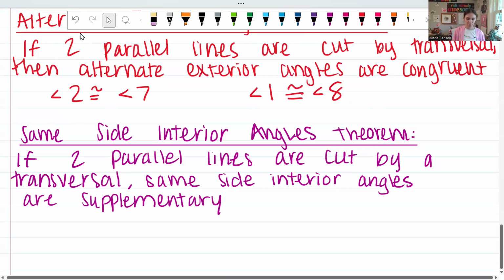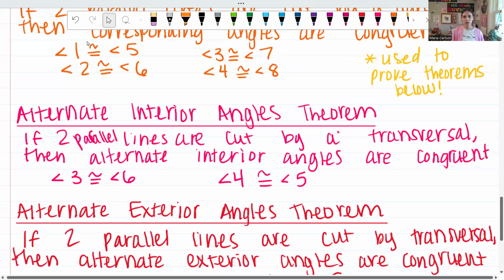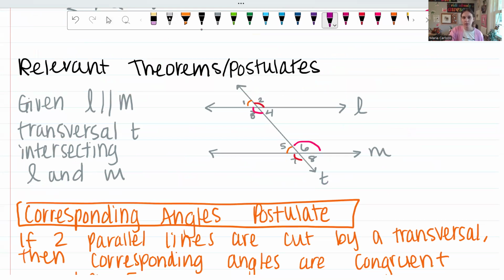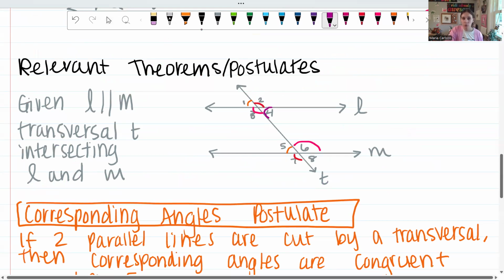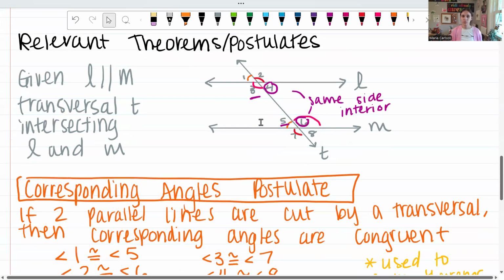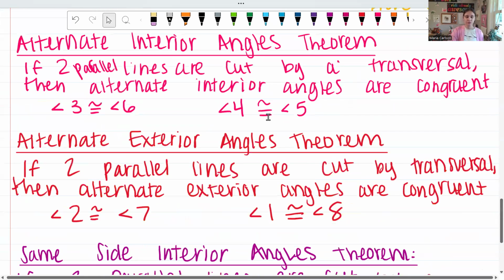So here we are looking at those same side interior angles. So angle 4 and 6 are same side interior angles, as are 3 and 5. So this is stating that these are supplementary then.